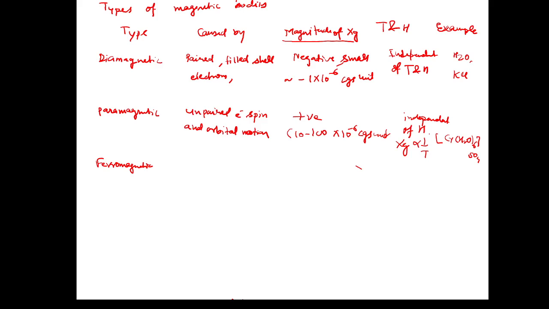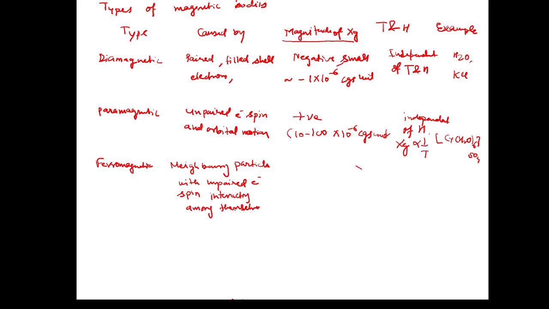They are like paramagnetic, but here they have unpaired electrons, and the neighboring particles with unpaired electron spins are interacting among themselves. That is the important thing.